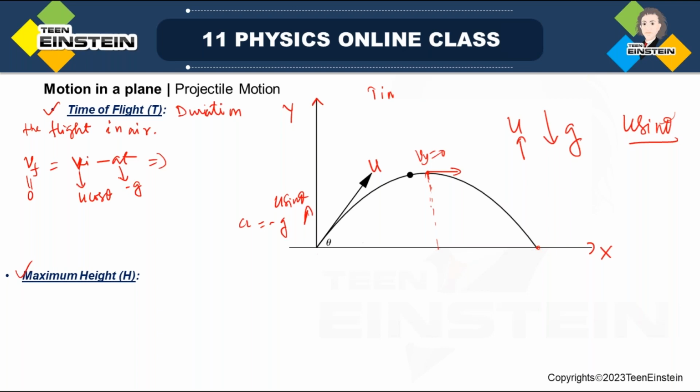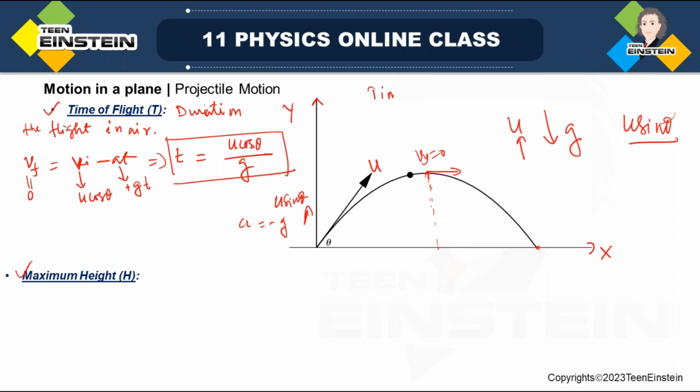So this time can be written as u sine theta by g, the time it takes to go up to here.